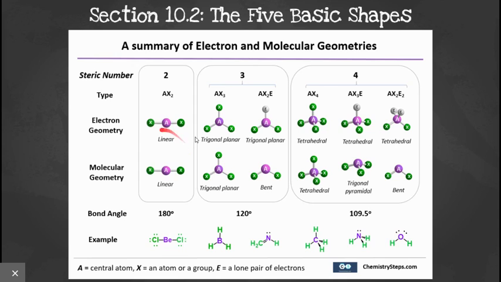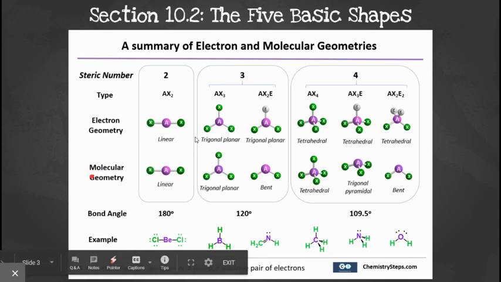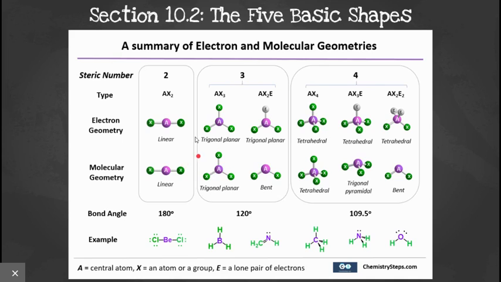Okay, so the shape, the molecular geometry, is determined by how the atoms that are all bonded to the central atom are arranged. So for a steric number of 2, a linear electron geometry, you're going to get a linear molecule. For trigonal planar, if you have 3 bonded atoms, you're going to have a trigonal planar shape.